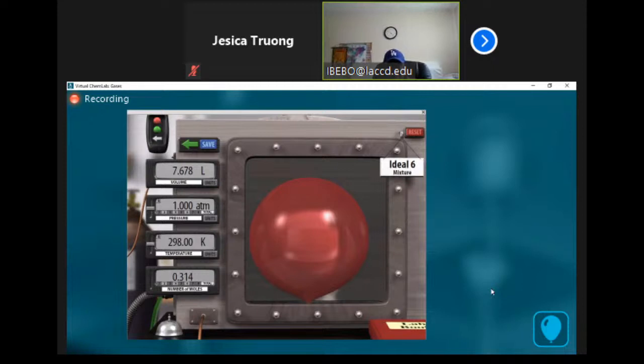So the pressure on the meter, what are you seeing there? 1.000 atmosphere. Do I change it? You don't change anything. You only change it when you are adding the moles. So when you do all those things, does it add up to 1.000 atmosphere?